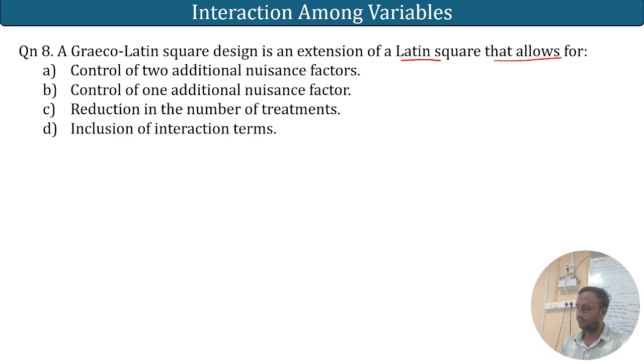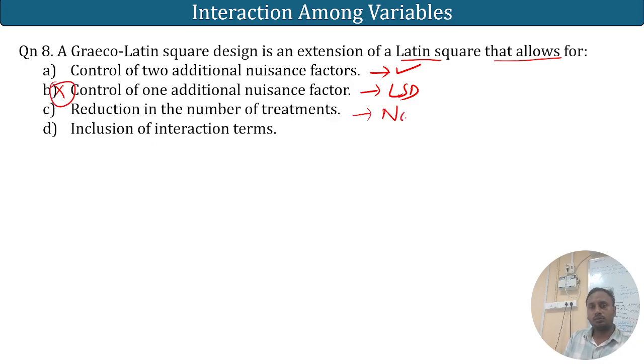Control of one additional factor. It's called Latin square design. 0. Is it? Then reduction in the number of treatments?